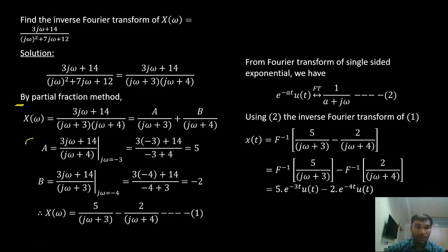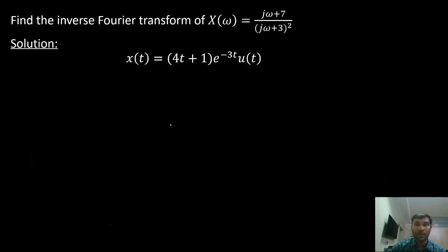This is the formula for partial fractions. You can follow this method or the method we have discussed in this slide just by cross multiplying. So this one you can write as j omega plus 3 by j omega plus 3 whole square plus 4 by j omega plus 3 whole square.